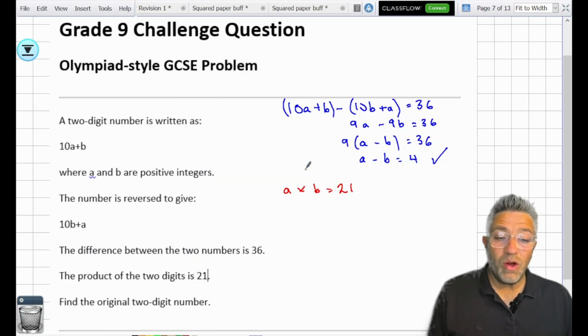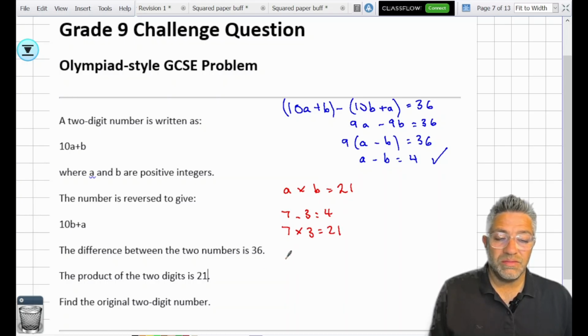So we need two whole numbers, because that's the definition of an integer. In fact, we need two positive whole numbers that have a difference of 4, that have a product of 21. Whilst you can solve this mathematically, I think it's pretty clear to see 7 subtract 3 is 4. 7 multiplied by 3 equals 21.